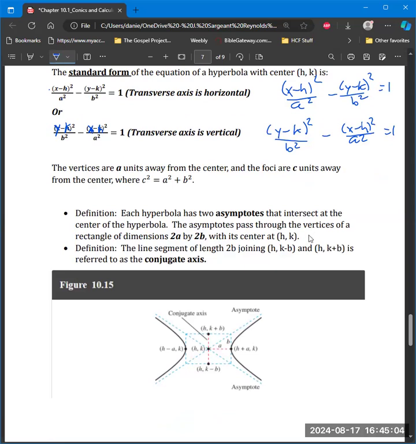And so, let me see if I can draw this picture here. If I have a transverse axis that's horizontal, the way that I imagine this is that my mirror is along the line y equals k, because that's the part that's negative.